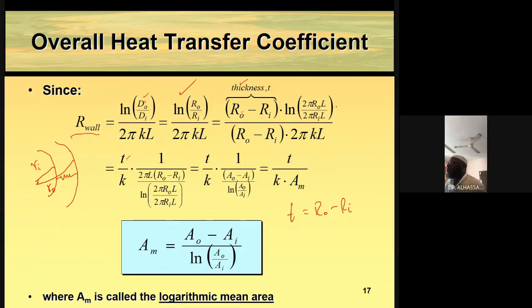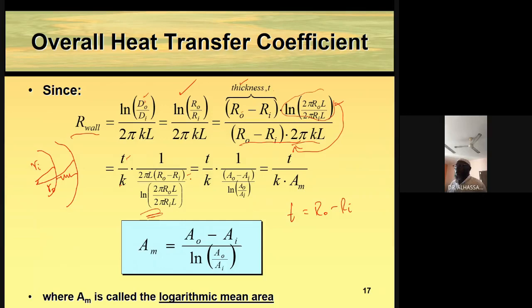Then we bring this function down to divide 2 pi KL, and that is it. 2 pi will divide the whole of this; the whole of this comes down to divide the RO minus RI 2 pi KL, and that is it. Okay, so we remove the KL, so that this K is that. So this equation is the same as that.